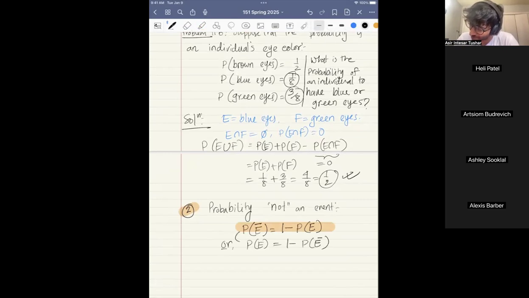This comes from here. So in some sense, the probability of E plus the probability of E complement add up to 1.